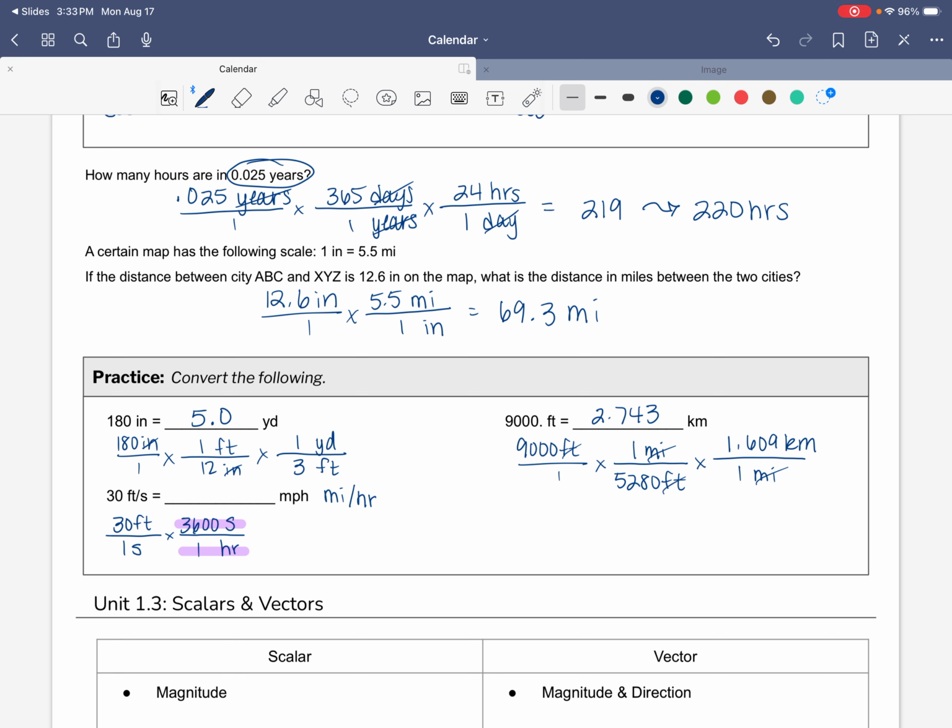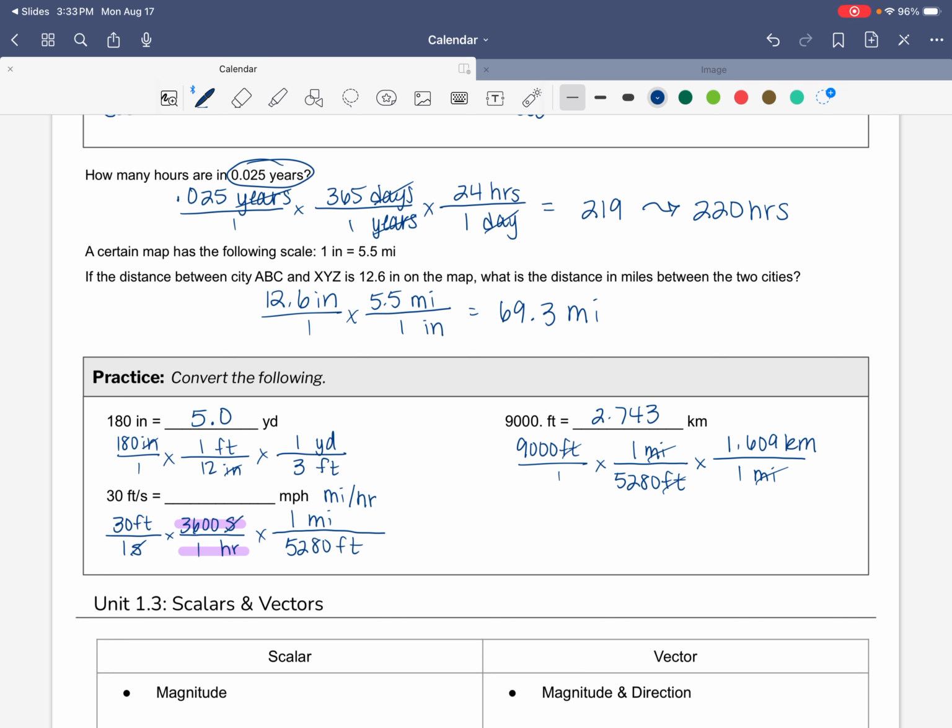Now my seconds are converted to hours, but I need to convert my feet into miles. I do have a conversion from feet to miles. Feet needs to go in the denominator because it's up in the numerator, so I need them to cancel. There are 5,280 feet in 1 mile.